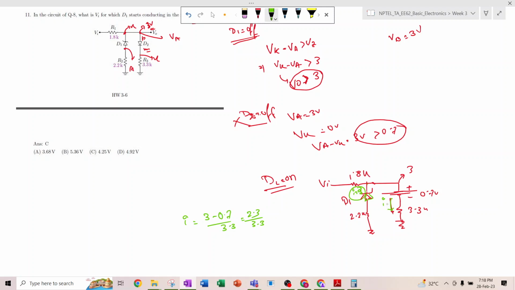So this entire current I should pass through the 1.8 kilo ohm. So now this is 3 volt. So (Vi minus 3) divided by this resistance 1.8 is 2.3 by 3.3, right? So Vi is 2.3 divided by 3.3 into 1.8, plus 3, right?